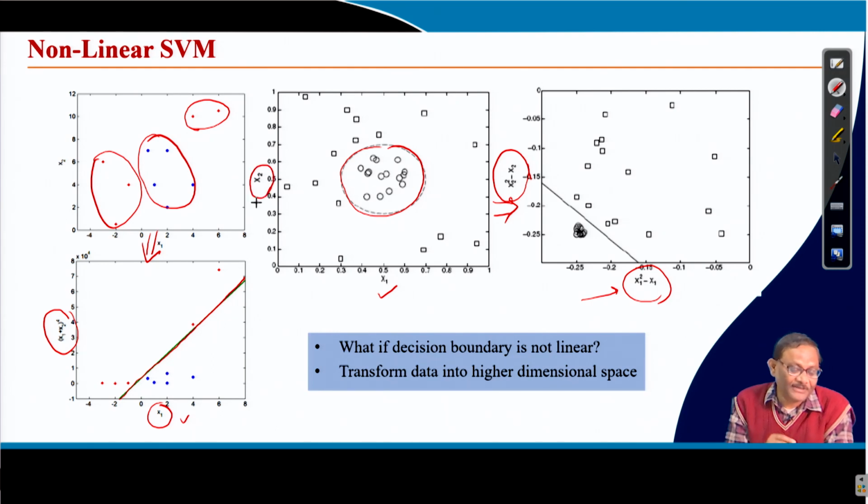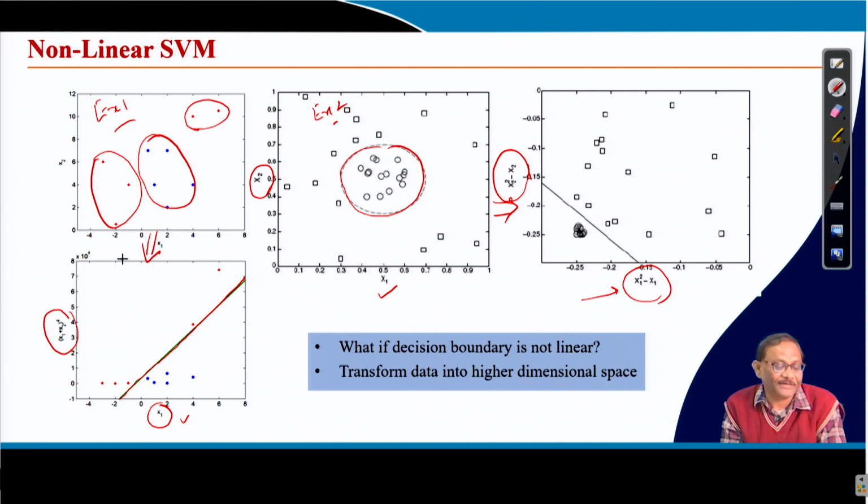Okay, so let me repeat. We have two examples, example 1 here and example 2 here. In example 1, the points are such that there are no linearly separable hyperplanes.